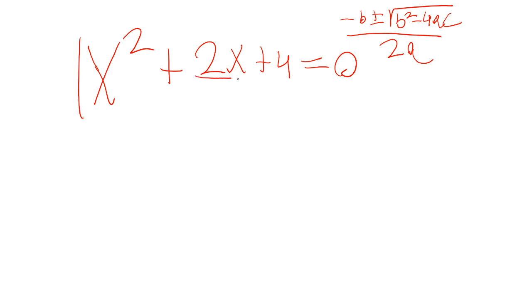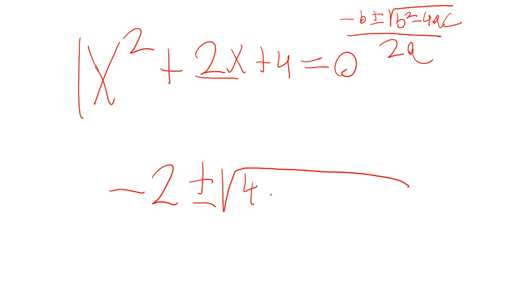Here b is 2, so we have negative 2 plus or minus the square root of b squared. b is 2, and 2 squared is 4. Now we have minus 4 times a, which is just 1, times c, which is 4, and negative 4 times 4 is negative 16.